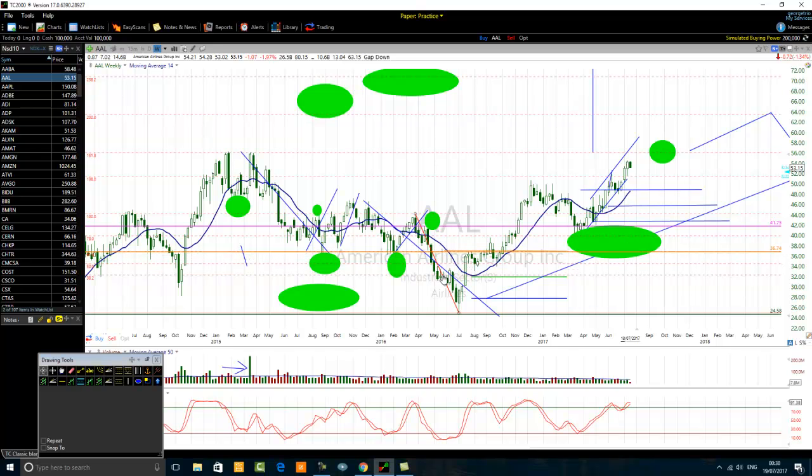So after this move down, we apply Fibonacci retracement. It rallies up to the 61.8% level. So normally the professionals should push it down again below the 50% level. But as they push it down, it finds support on the 50% level. That's why you see it formed a double bottom chart pattern on the 50% level. And from there, it just went away.